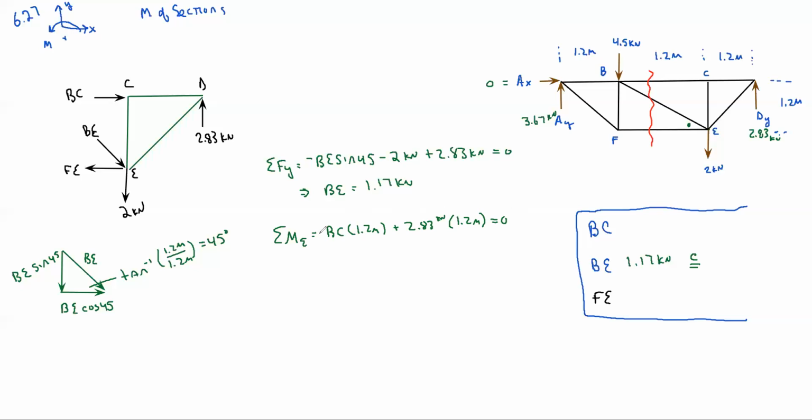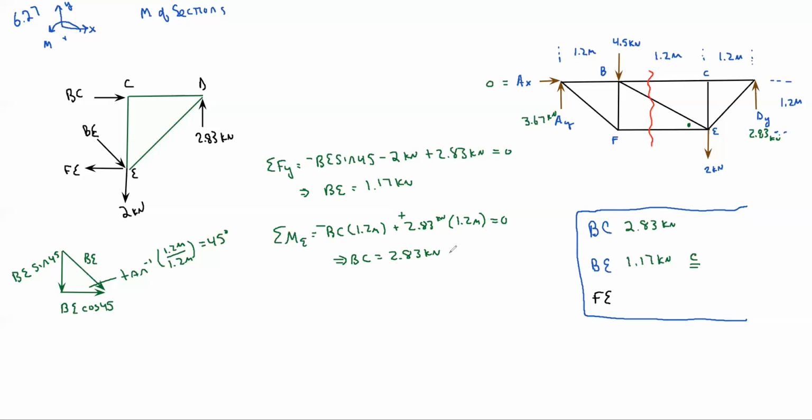All right, so let's see. Rotation about E, pushing BC to the right would cause a clockwise rotation, which is negative. And the reaction at D of 2.83 is pushing up, which would cause a counterclockwise rotation, which is positive. Solving for BC, I get that BC is 2.83 kilonewtons.